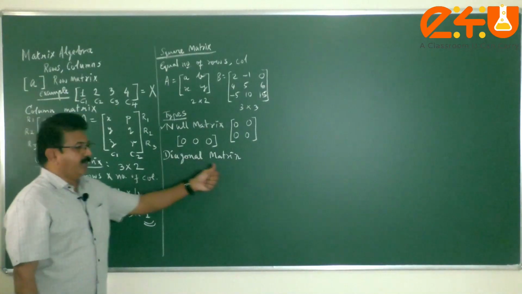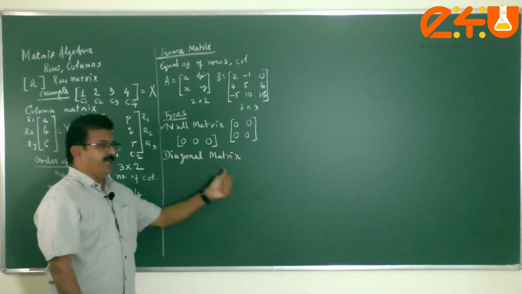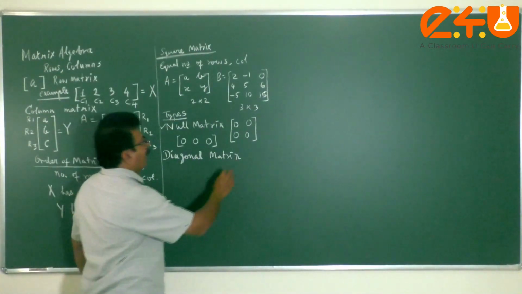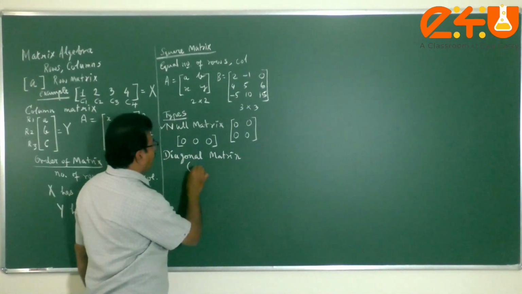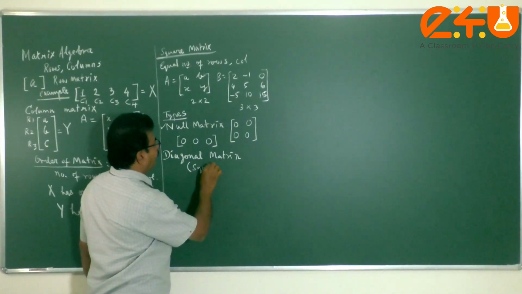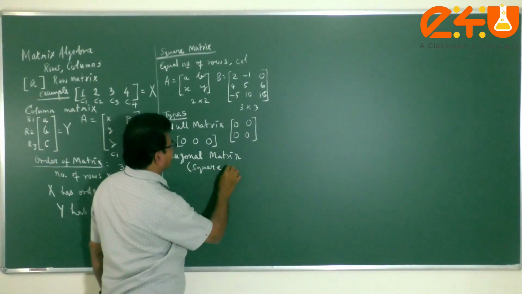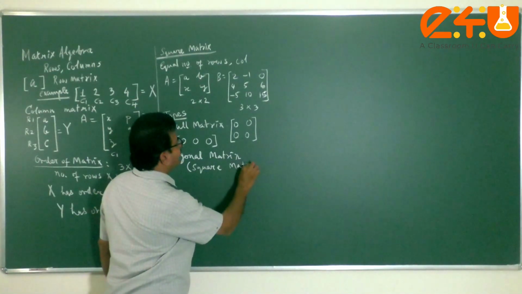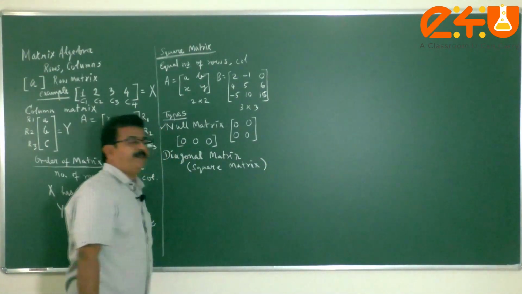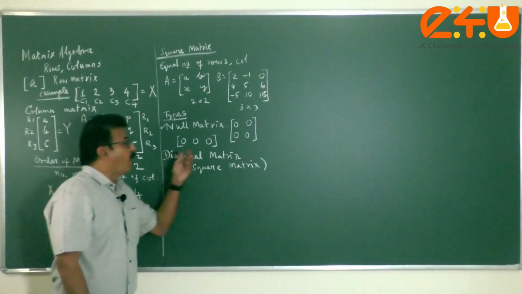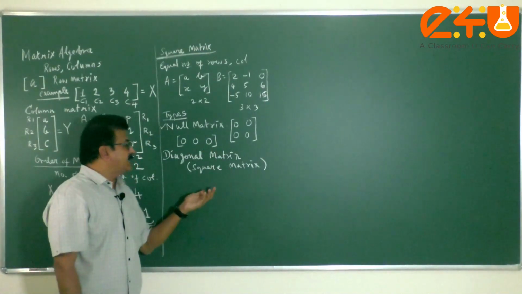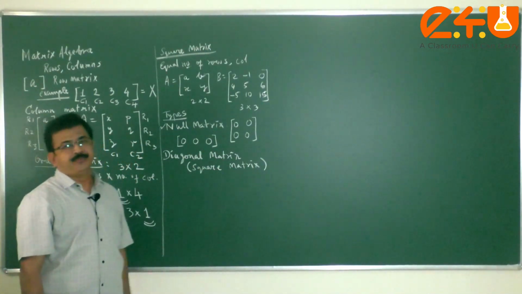When I say diagonal, I imply, or students must understand, the prerequisite for a diagonal matrix is a square matrix.